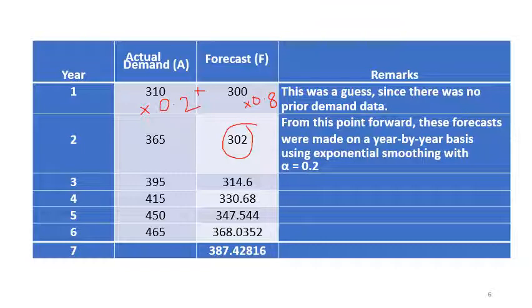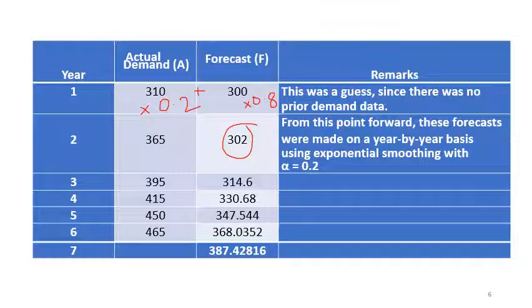Correct? Similarly, at every point, one by one, you will find the subsequent forecast using this expression. What was the expression? The new forecast is equal to alpha into the actual of the previous period plus 1 minus alpha into the forecast of the previous period.